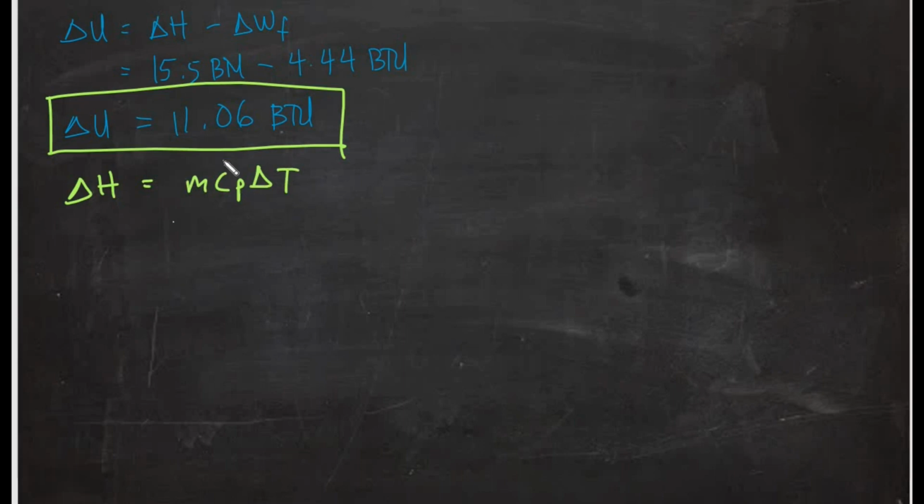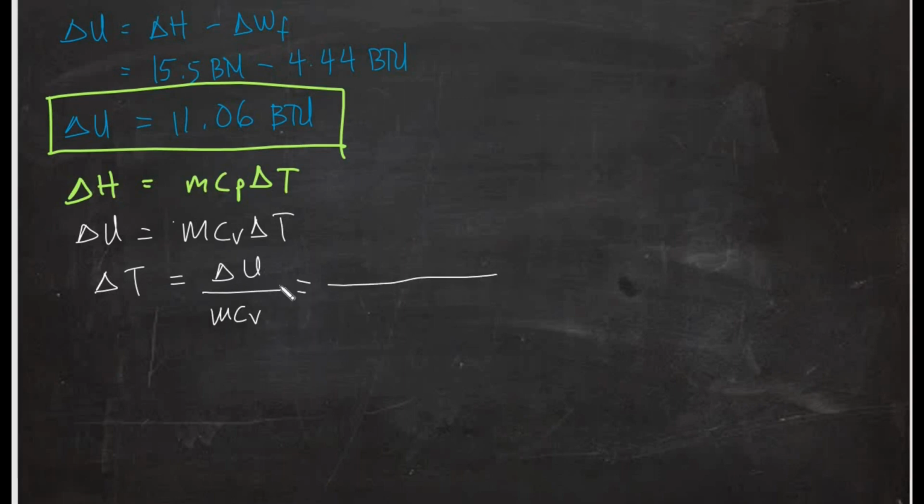So where can we get delta T? We can get that from our delta U. Delta U is M C sub V delta T. Therefore, delta T is equal to delta U over M C sub V.